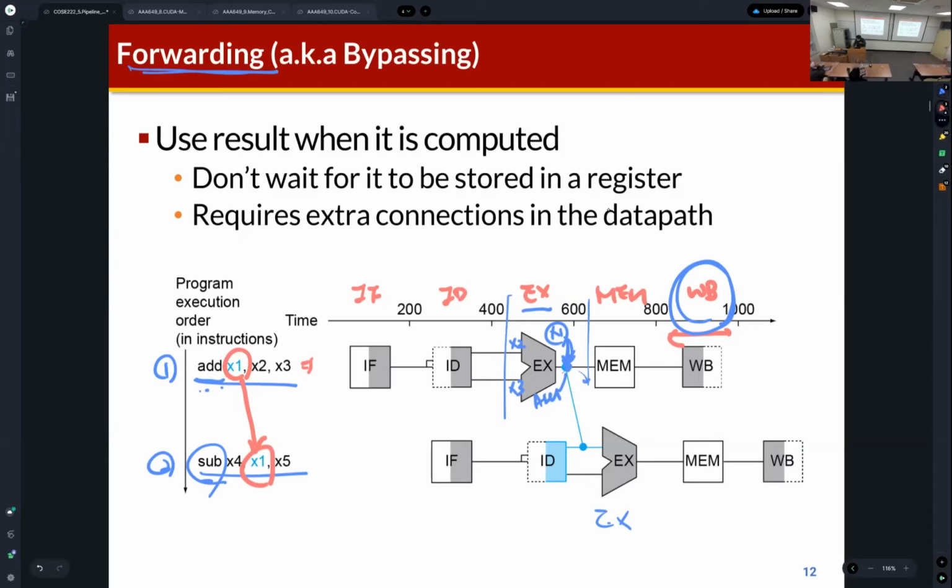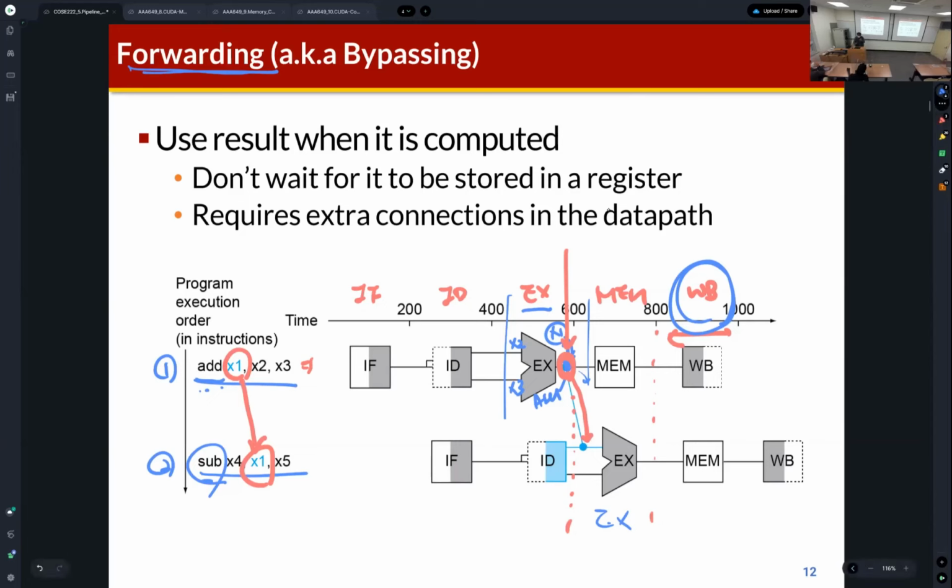So the result of the add instruction is generated at this time point, and this is the EX stage of the sub instruction. This result is required at this point.